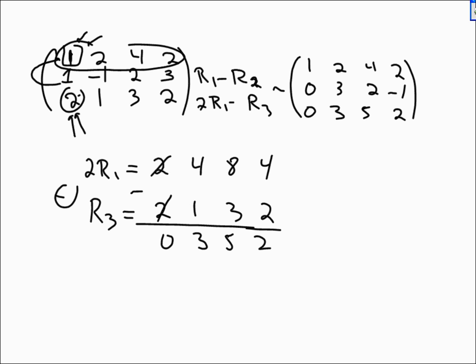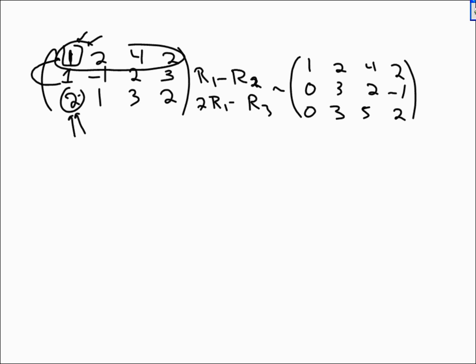Okay, let's get rid of our side work. Notice that column 1 is complete. It has a leading entry, coincidentally for row 1. Column 1 has a leading entry, and what's below it, they're all zeros. So now we go on to row 2.